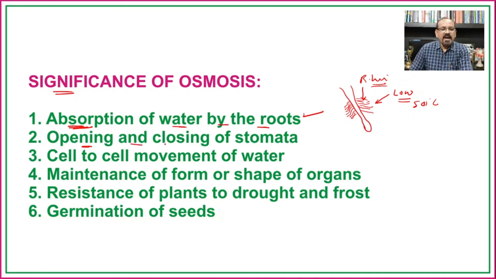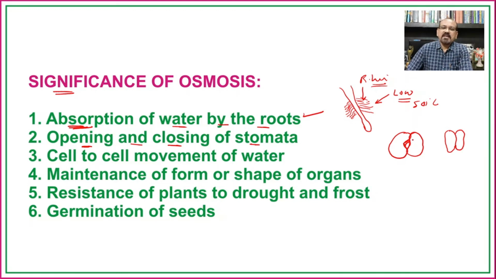Then, opening and closing of the stomata. If you see the stomatal structure, there are guard cells, and when these guard cells become turgid, the stomata open, and when the guard cells remain flaccid, the stomata close.